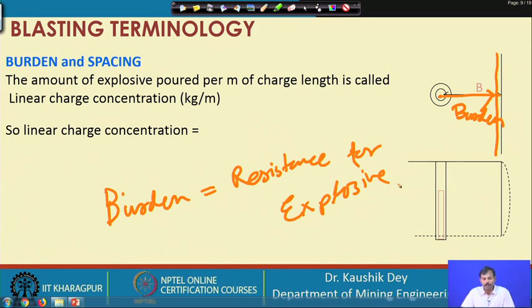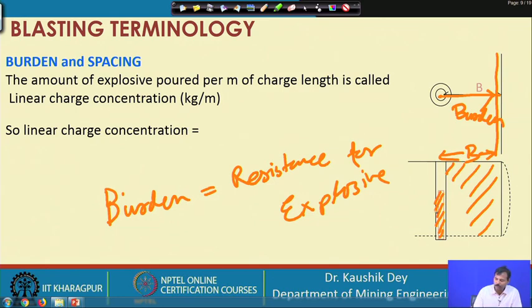Basically, the purpose of the burden is that the explosive charge placed in the hole is of that much quantity which is required to blast this portion of rock which has a width same as burden.